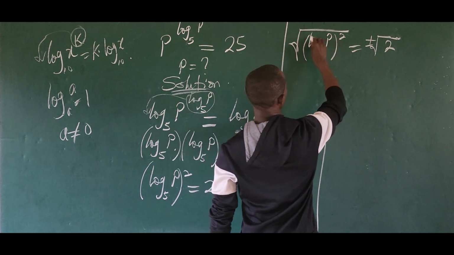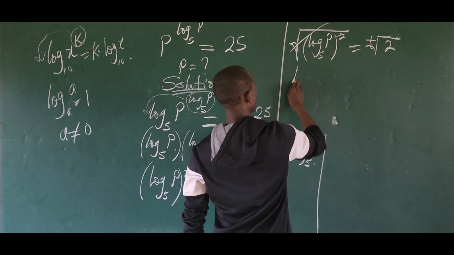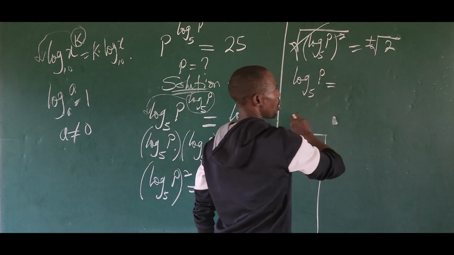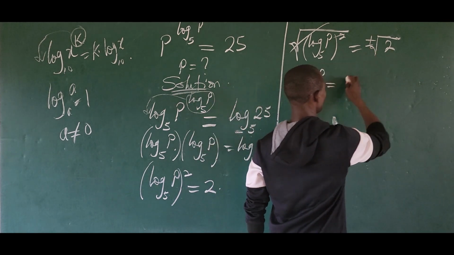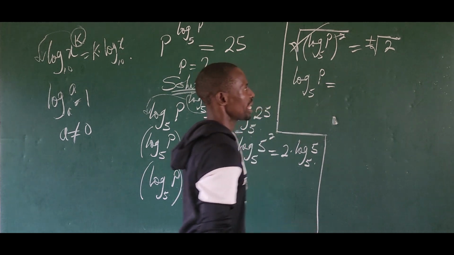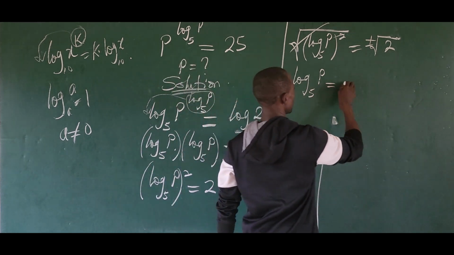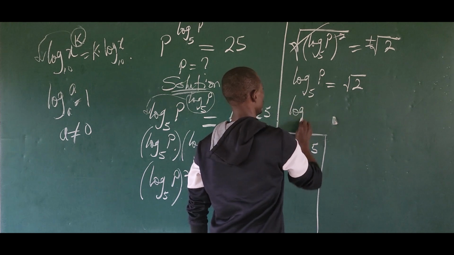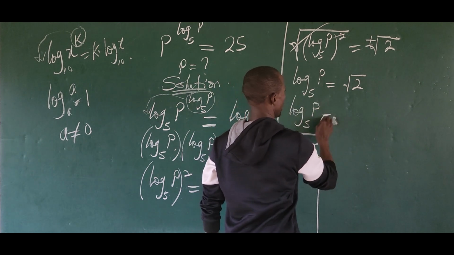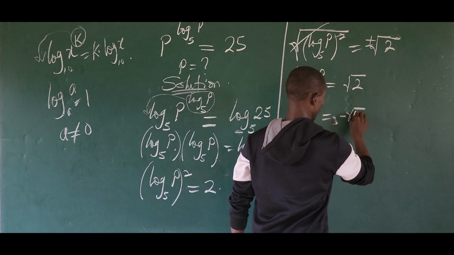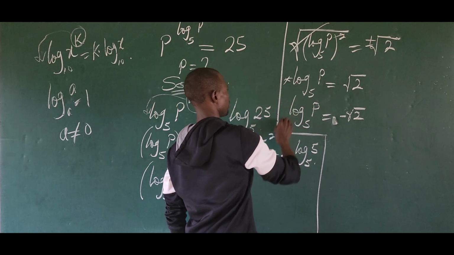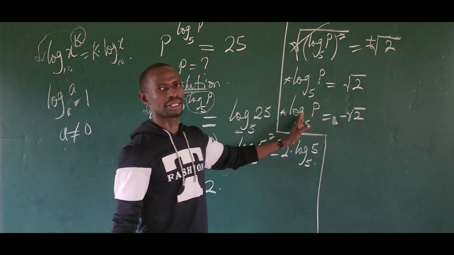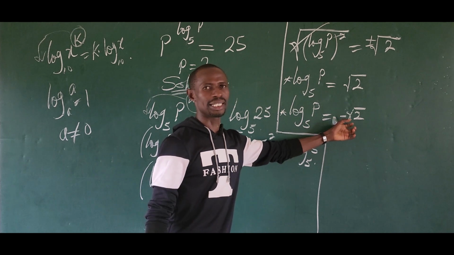So this is our square root. This will leave us with log p base 5 is equal to, we're going to have a two case scenario. The first one is going to give us the positive one, which is root 2, and the second one is going to give us negative root 2. So this is first and this is second. Now, if you check our second, we cannot have this expression.